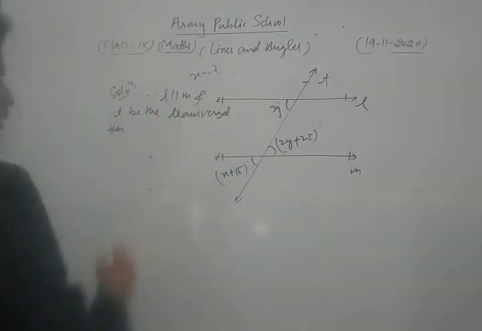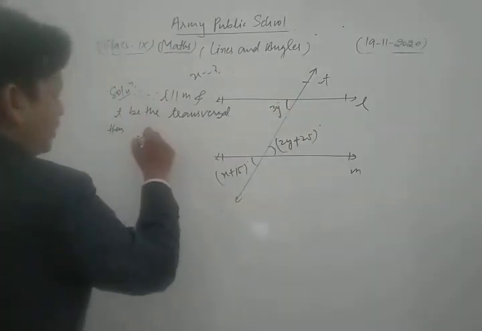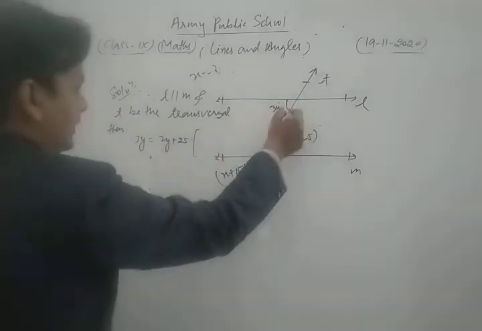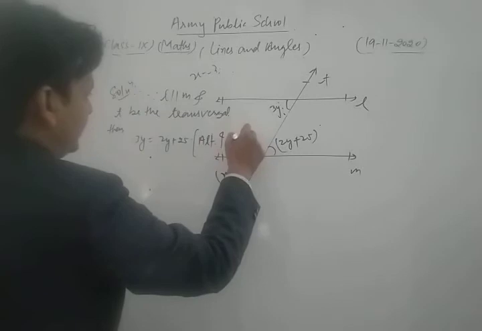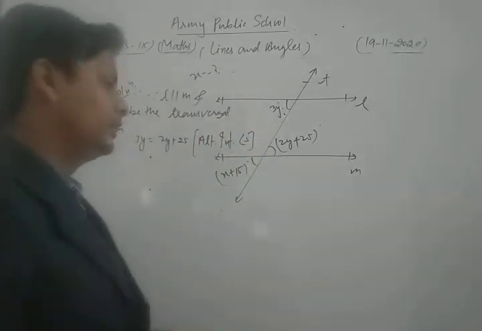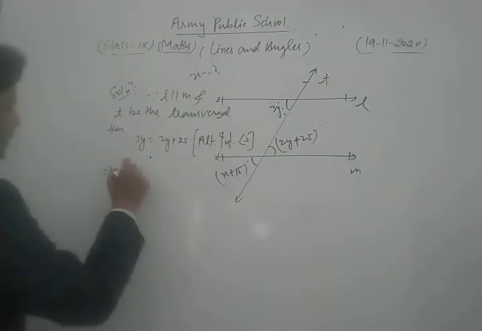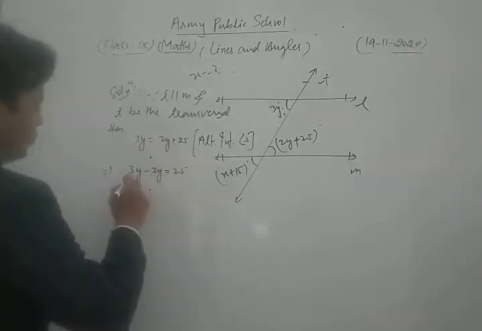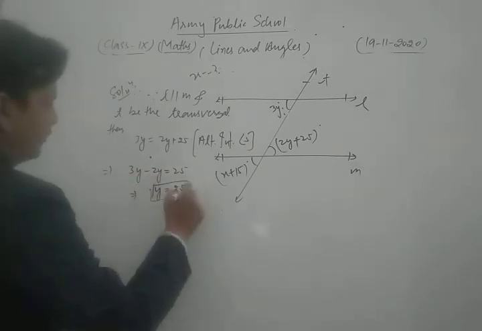Then 3y is equal to 2y plus 25, because these are the alternate interior angles, and we know that alternate interior angles are equal to each other. So 3y minus 2y is equal to 25, that is, y is equal to 25.